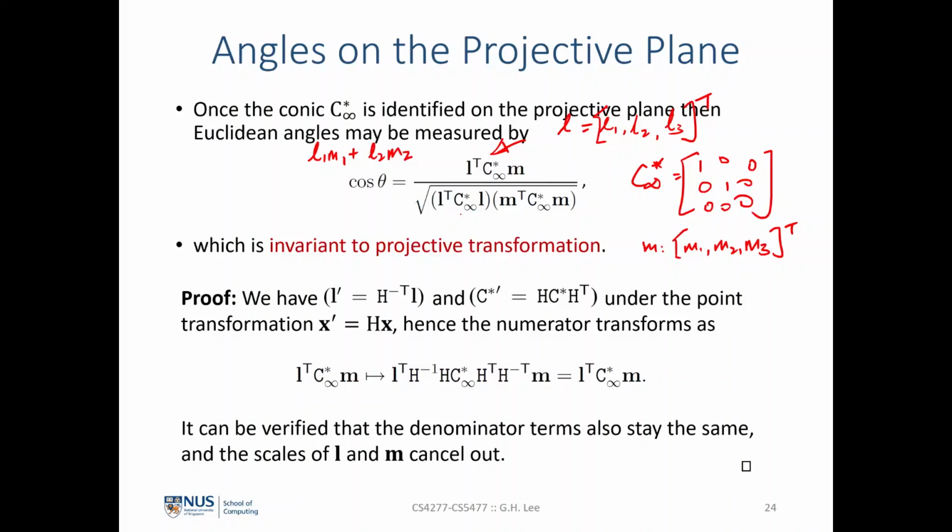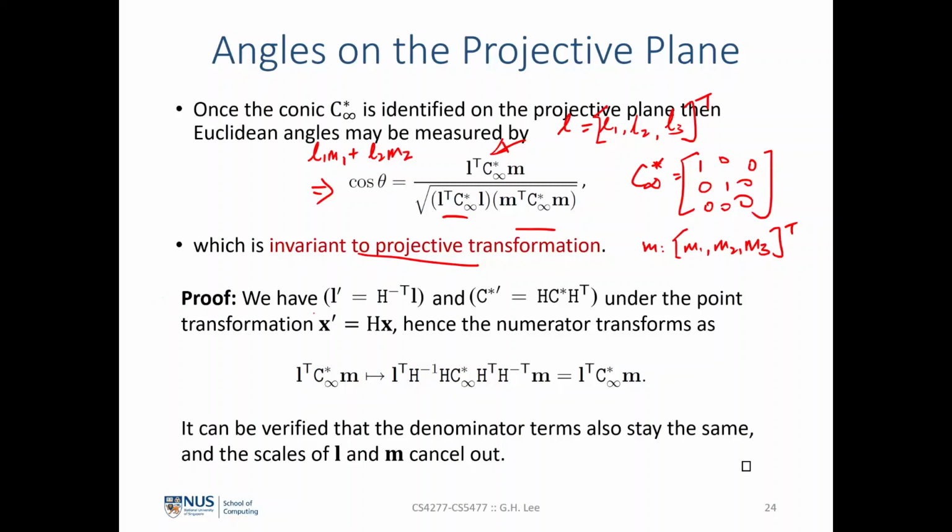Similarly, for the denominator terms, we'll get exactly the expressions in Euclidean space that we computed in the previous slide. But one advantage of including C infinity star in the formulation is that it becomes invariant to projective transformation. And here's the mathematical proof of why this is so.